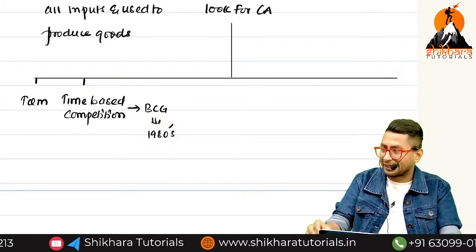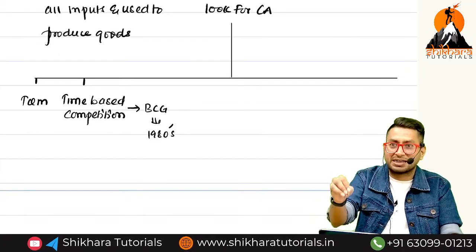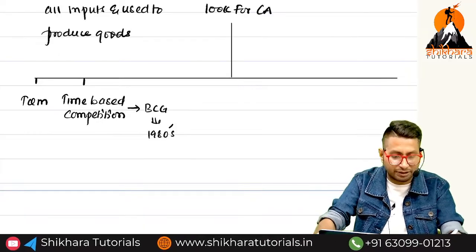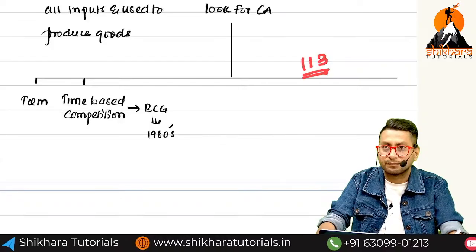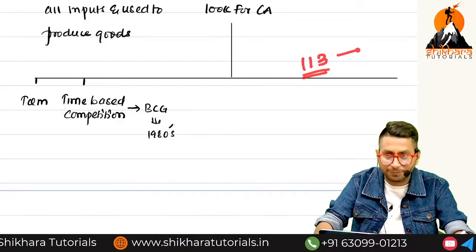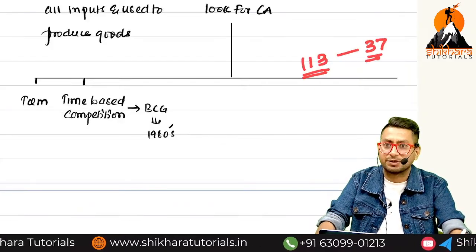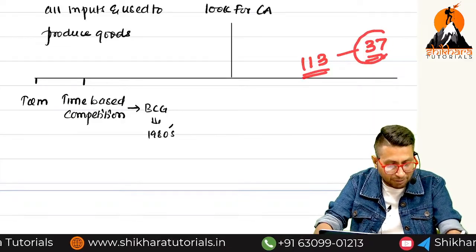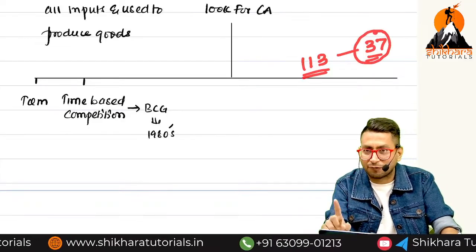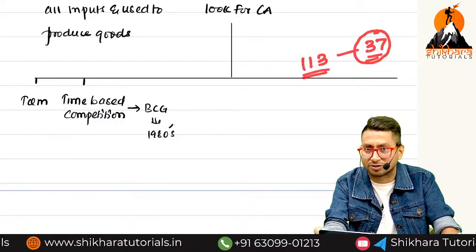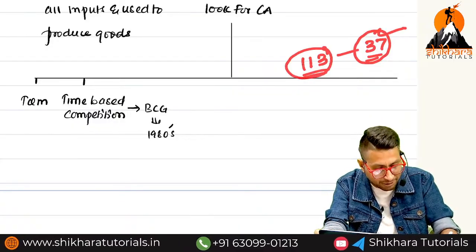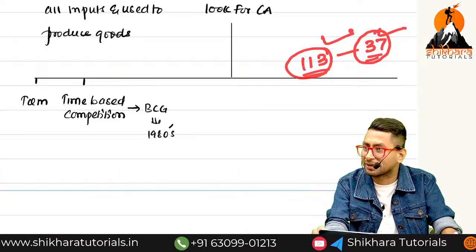Clear? An example: Honda on an average launches 113 bikes. In the same time, Yamaha launches 37 bikes. That means look at how much time Yamaha is taking to create and launch new models of bikes. In the same time, Honda is launching how many bikes?